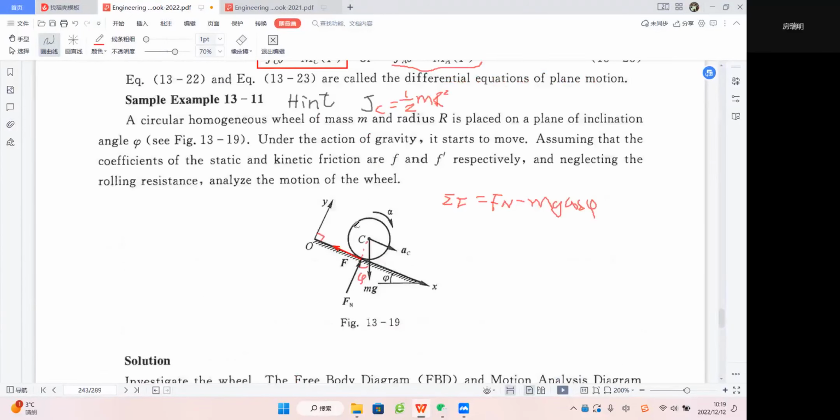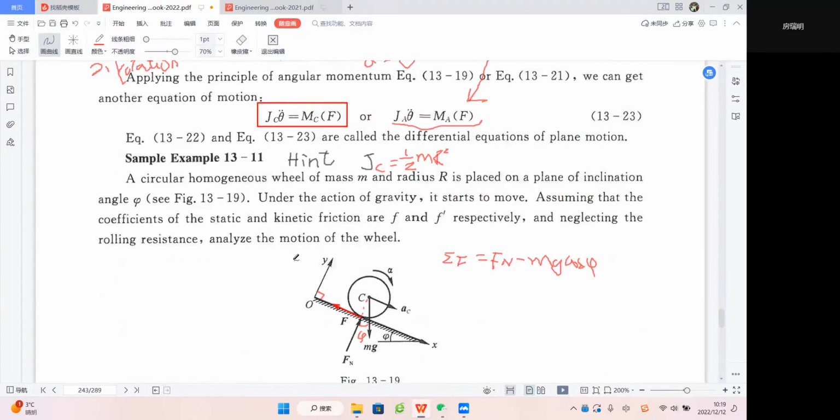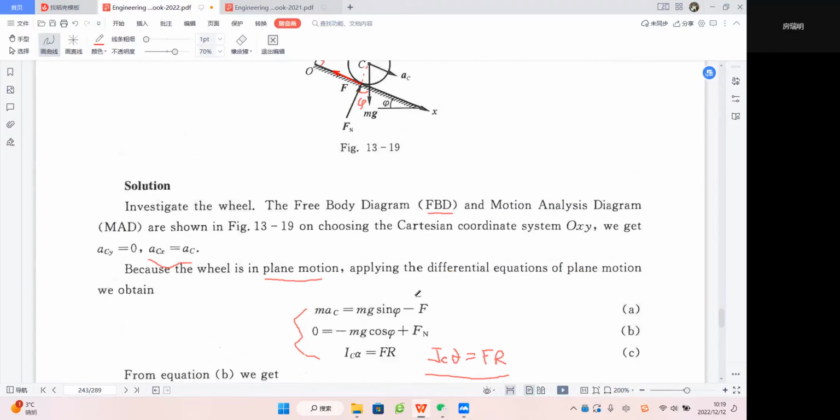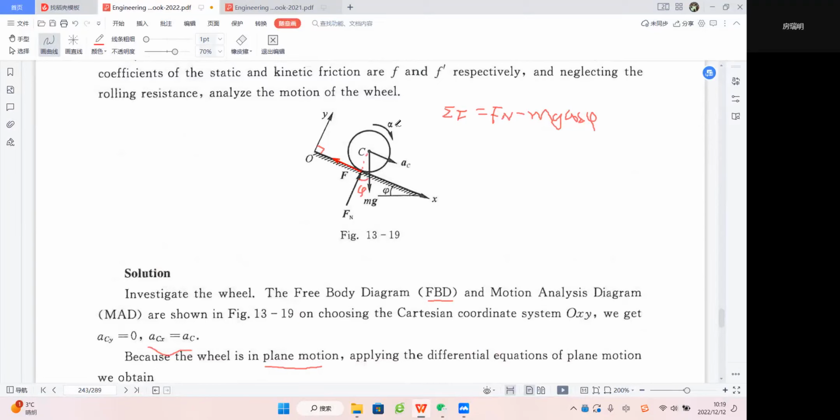The final one is about the differential equation of the plane motion. This J_C double theta, here we can just write as J_C alpha. Here alpha is angular acceleration, right?